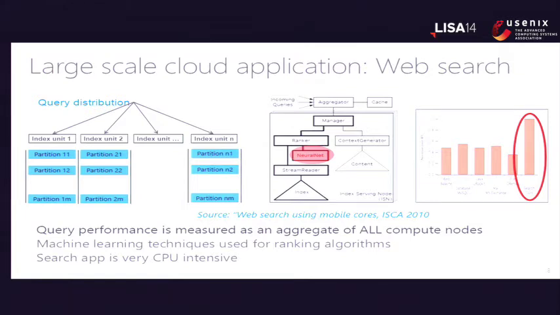You can think of it like a database, except it's not a classic database. Here you have rows and columns. The data is sharded across these. The rows provide the load balancing. The columns provide the different pieces. You do the lookups, you get the first level of results, and then you start aggregating them, and now you have to rank them.